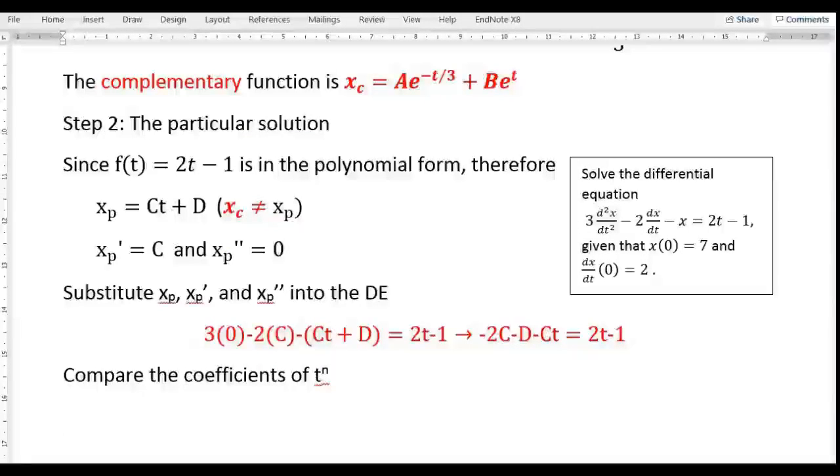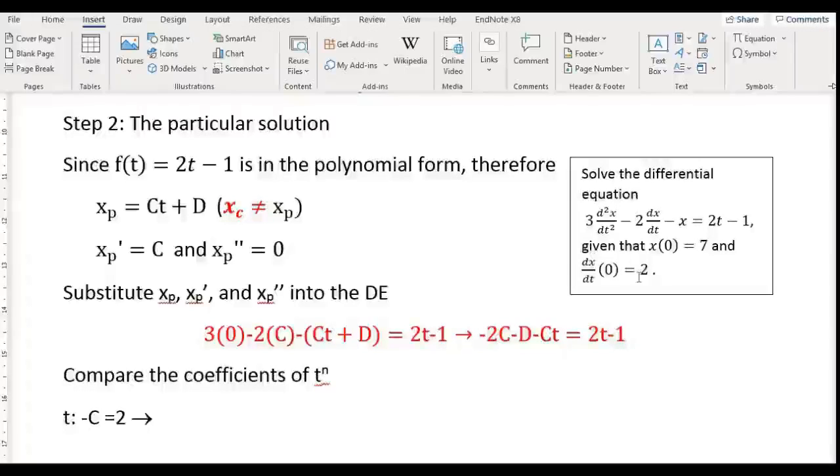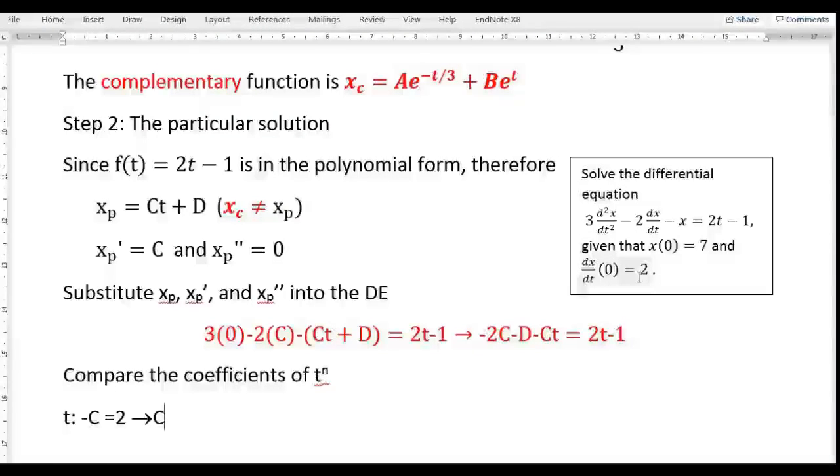First we compare with t. Here we see that the coefficient of t is minus c is equivalent to 2, which gives us c equals to minus 2.